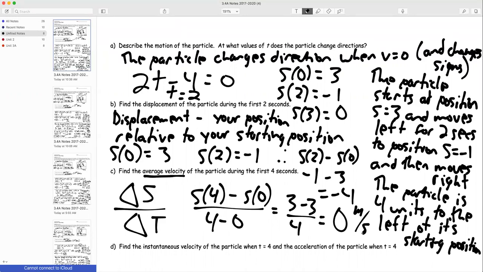But if I'm finding average velocity, it's the change in the distance over the change in time. Okay? You need to remember that.